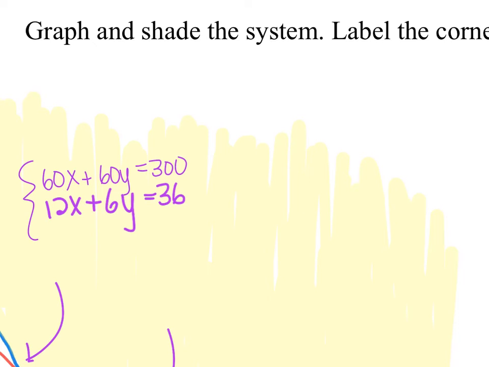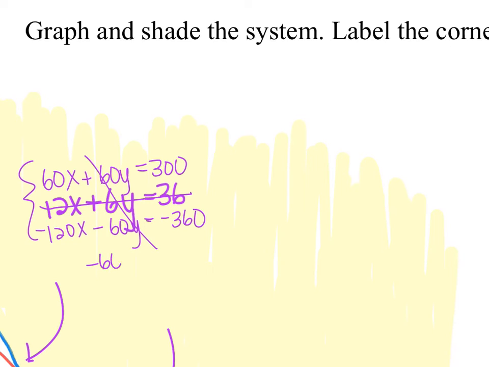If I look at that, I would go with, I think, multiplying by -10. I think that will quickly clear out the y values. So if I do that, this bottom equation would become -120x minus 60y equals -360. That way the y's cancel out.